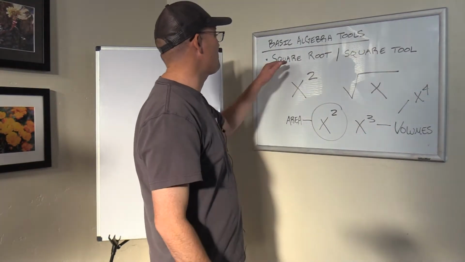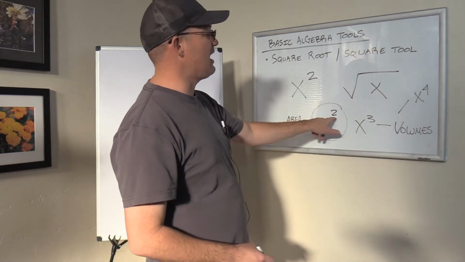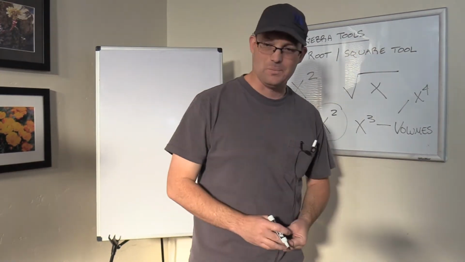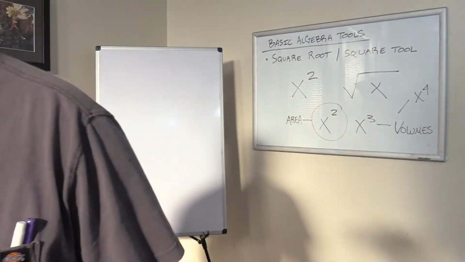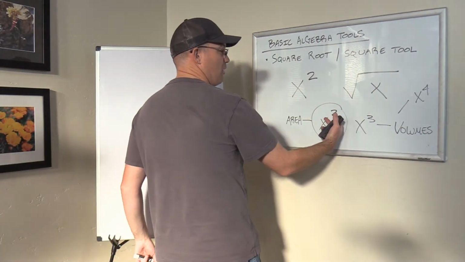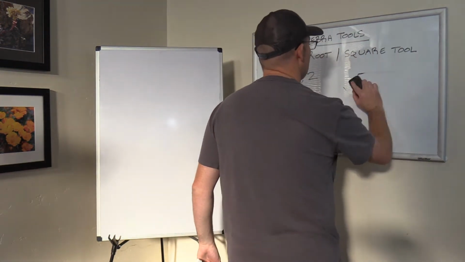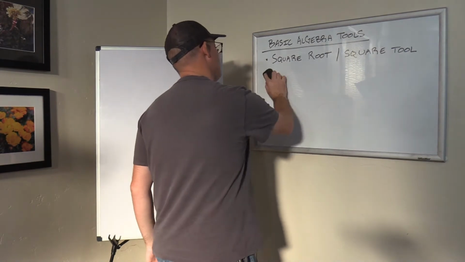So that's why we're just teaching you the square root and the square tool, because usually the only exponent we're dealing with as surveyors is a 2. We also use squared for what we call vertical curves, which I'll have to teach you guys about at some point.